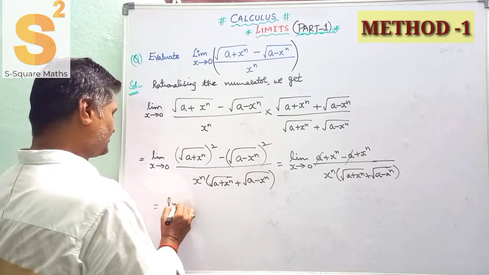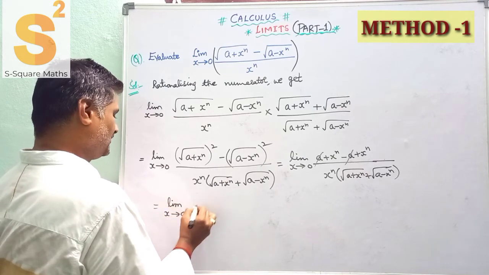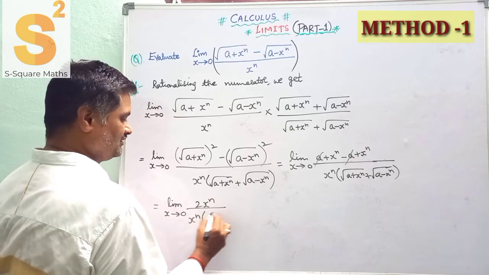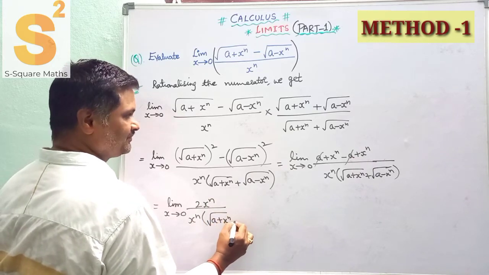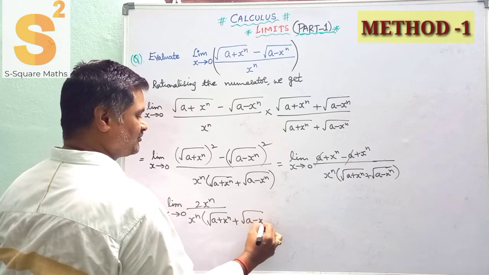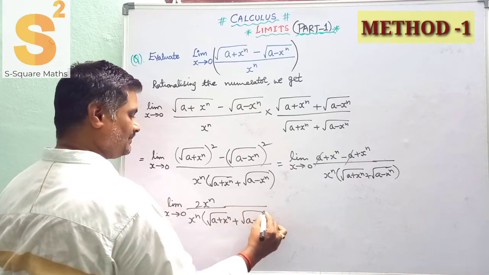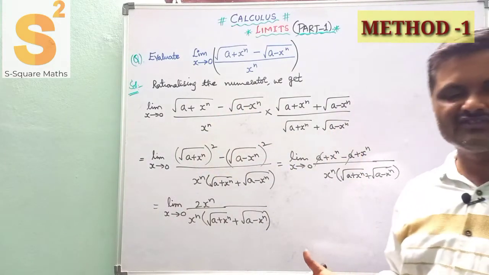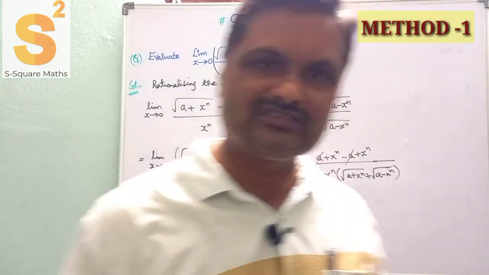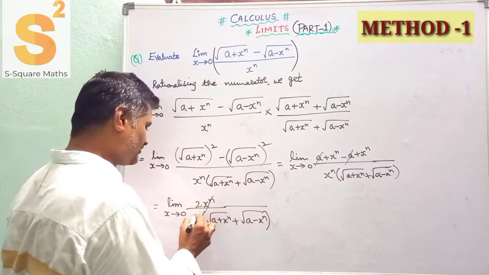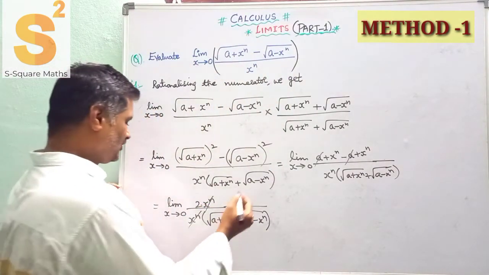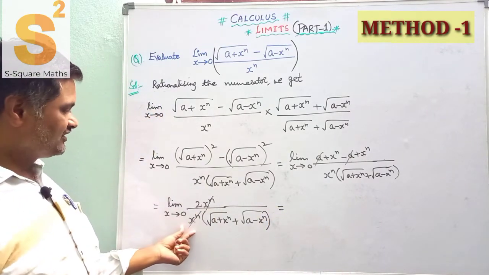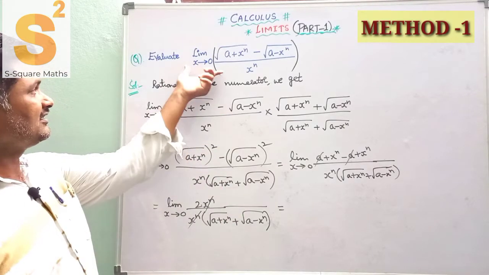So now I can write limit x tends to 0, 2x power n by x power n of (root of a plus x power n plus root of a minus x power n). Okay, up to here just basic calculations, whatever you know, school standard itself. Now the operation is multiplication, x power n and x power n get cancelled. Now if you substitute x is equal to 0 here, we are going to evaluate the limit.